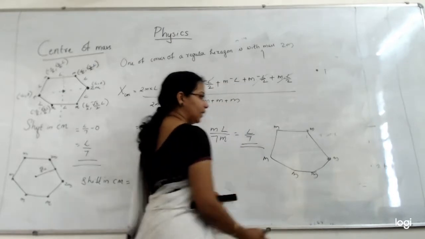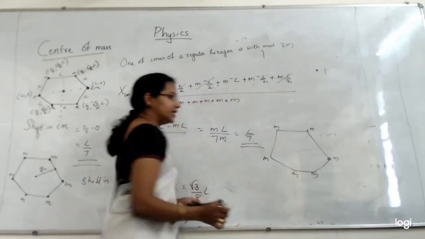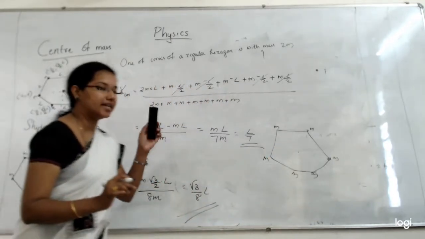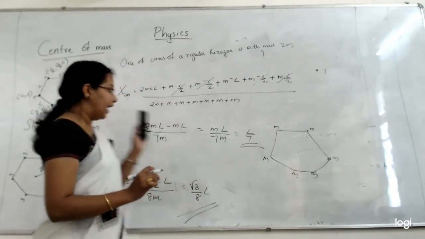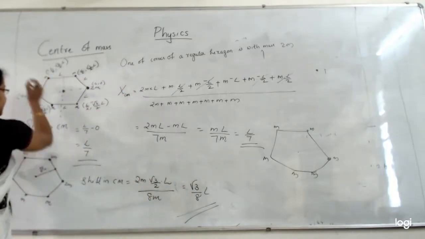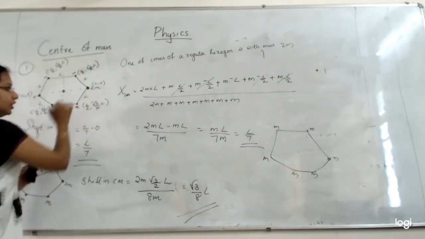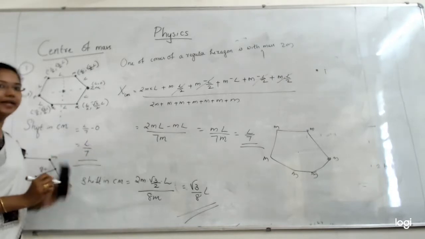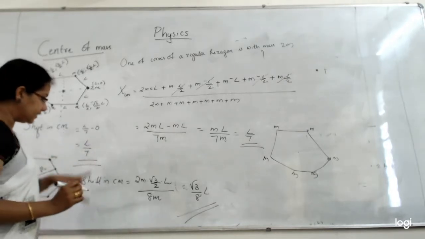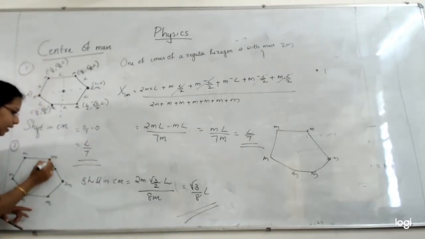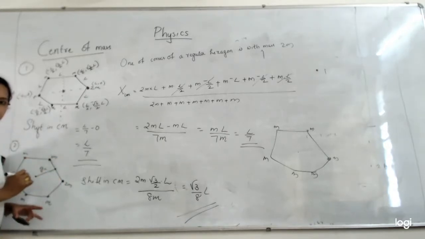All are of equal mass, and in that case the center of mass is situated at the center. And in the first case, what I marked is one mass we are doubling. So I have taken this mass as double. So we calculated XCM.